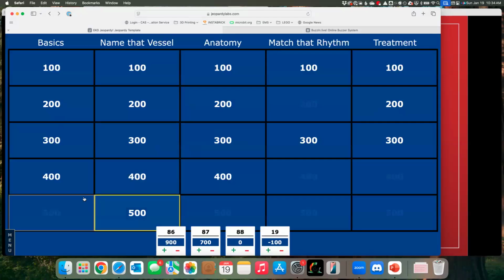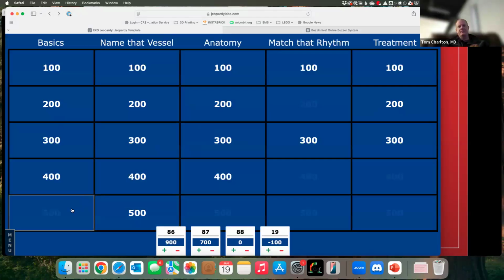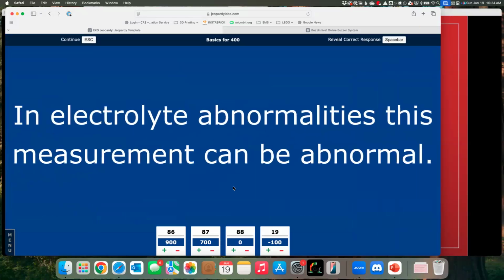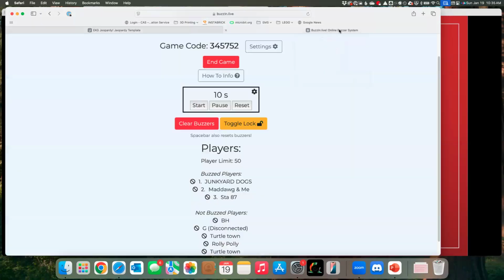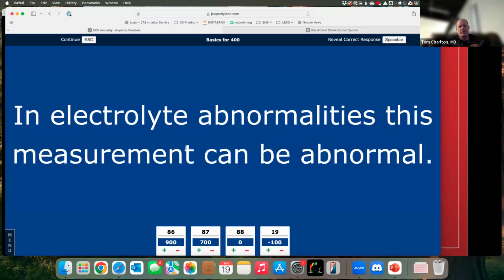Somebody else. All right. 86s, what do you want? Basic 400. Okay, junkyard dogs. That's what they did at Springfield, is they just started mashing on them.